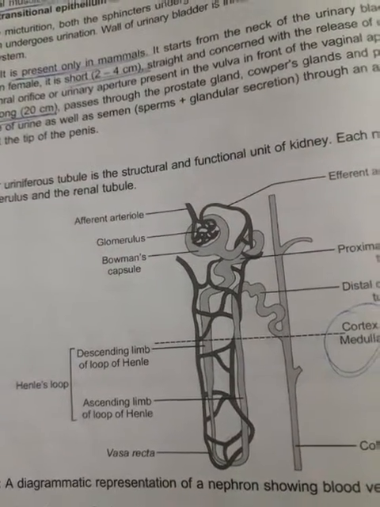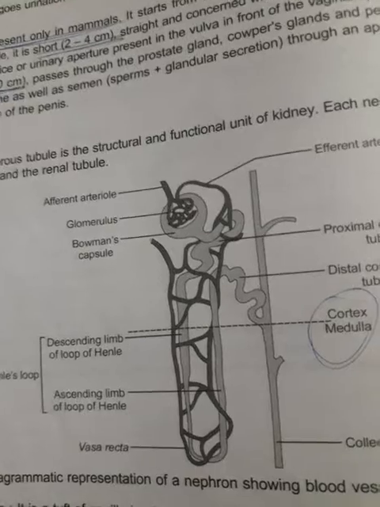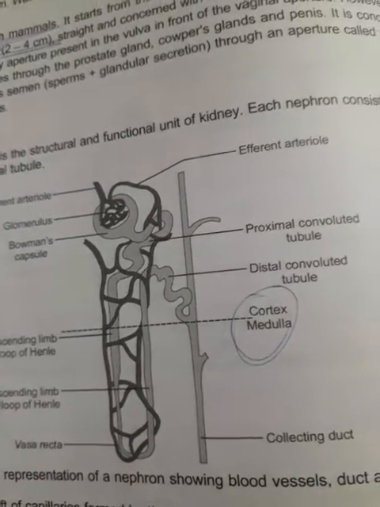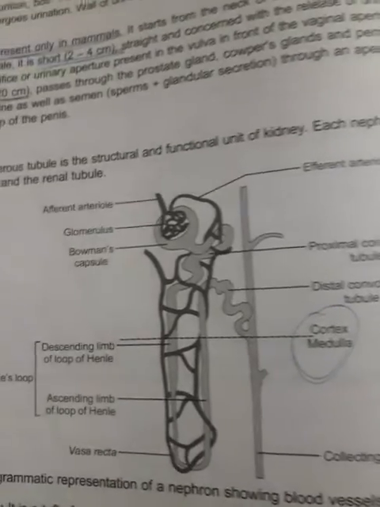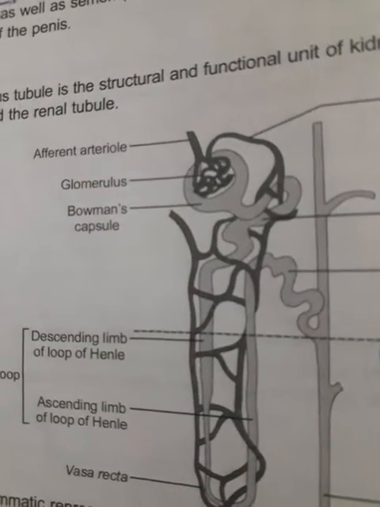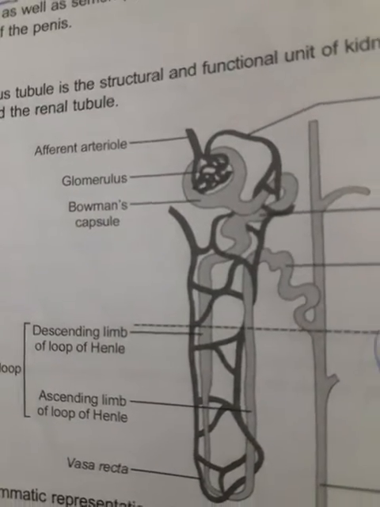This is the diagrammatic representation of a nephron showing blood vessels, duct and tubule. The various parts are labeled.